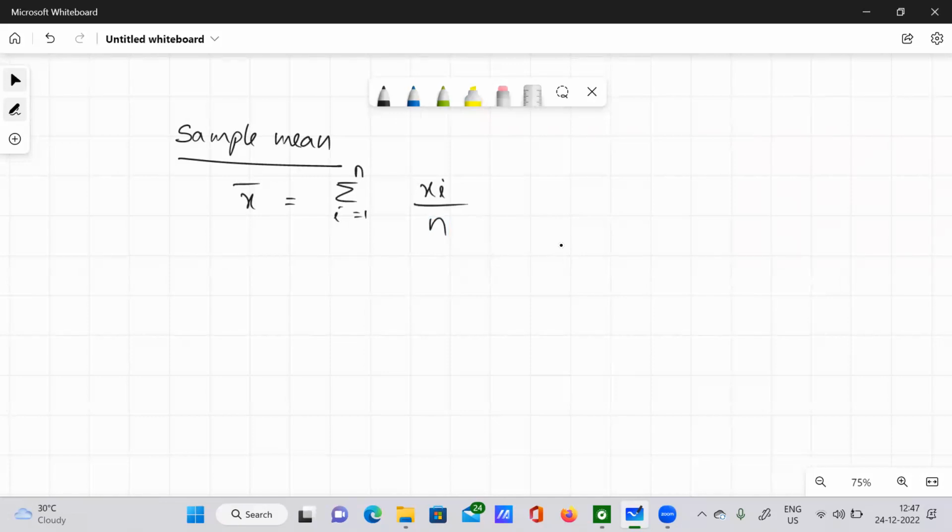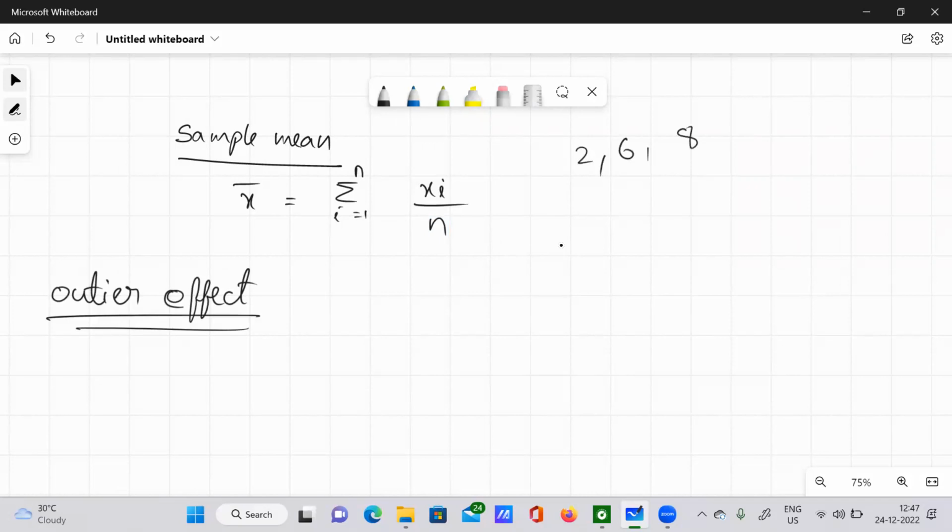Now I want to let you know what the outlier effect on the mean is. For example, if I have some data points like 2, 6, 8, 10, 12, and one value like 120.